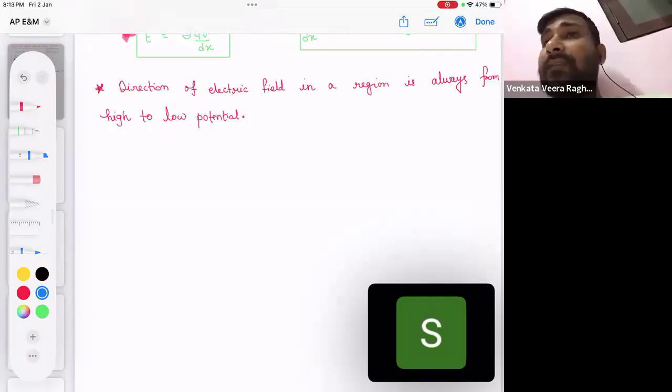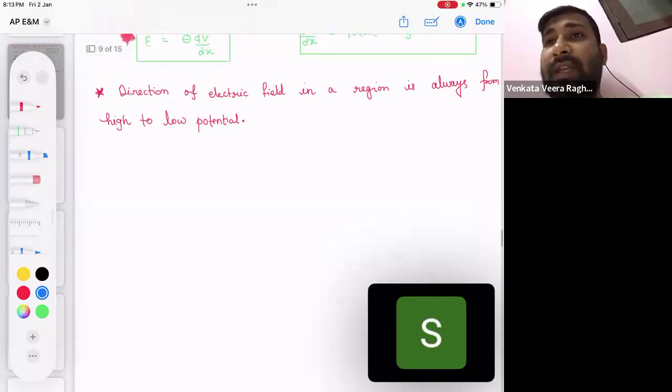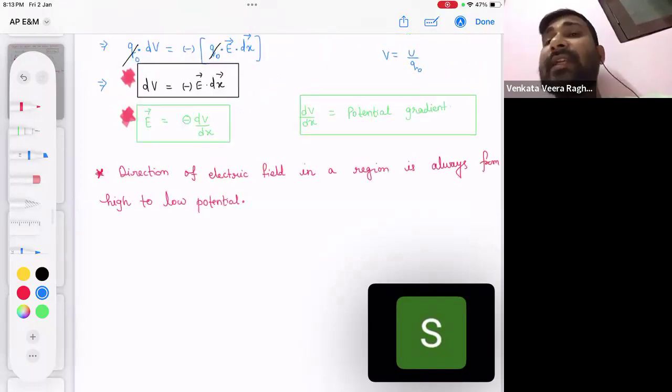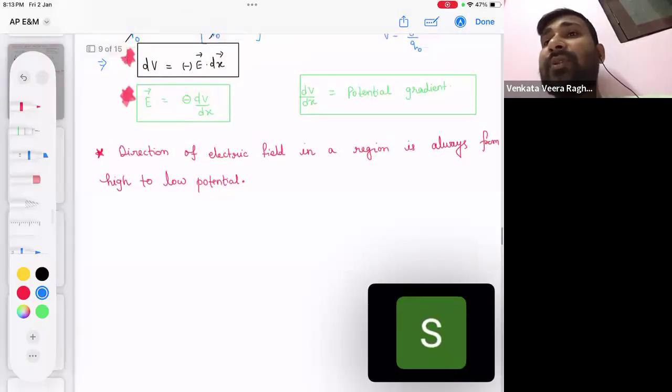But if an infinite charge distribution is there, potential at infinity cannot be taken as zero. So whenever we calculate the potential due to an infinite charge distribution, we should always calculate the potential difference between the two points, not the absolute value of potential.